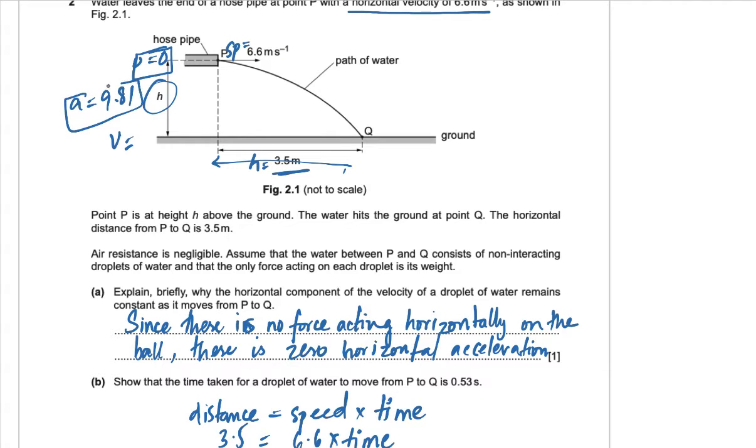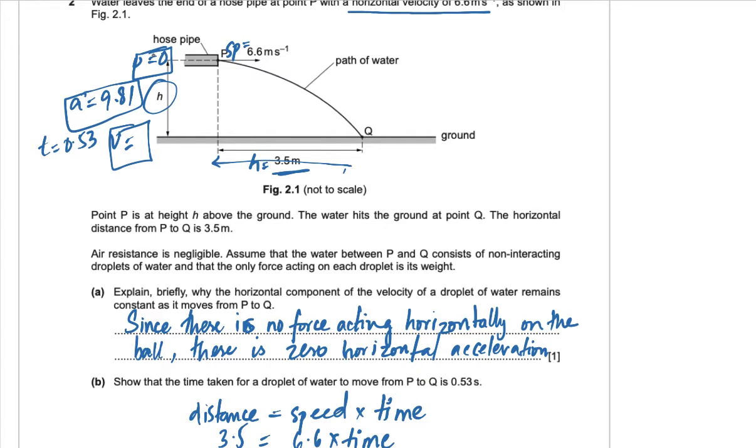This is the acceleration, which is again constant unless stated otherwise, and we don't know the final velocity, nor do we need it because we have already calculated the time in the previous part, 0.53 seconds, which means that 0.53 seconds were taken by all the droplets to cover the vertical part as well as the horizontal part. And we are supposed to find the value for h.